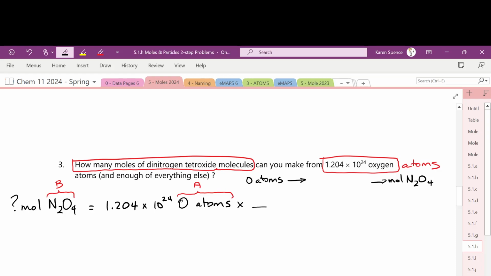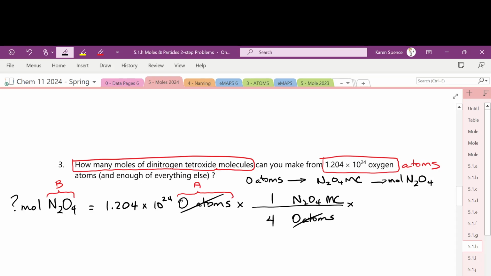So if I want to cancel O atoms, where do they go? On the bottom, so we need N2O4 molecules on the top. What number goes on the top? 1. How many O atoms are in one N2O4? Everyone. 4. That was easy.